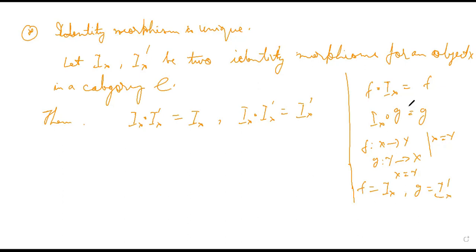If we do that, the two sides turn out to be the same, and hence the identity morphism is always unique.